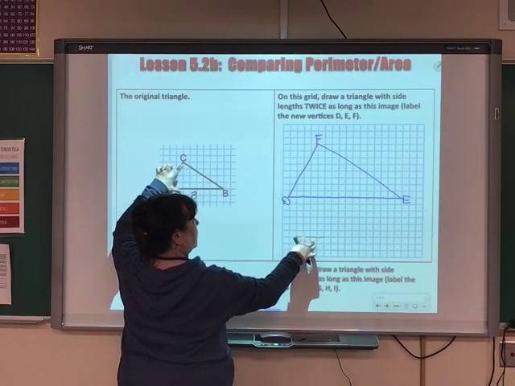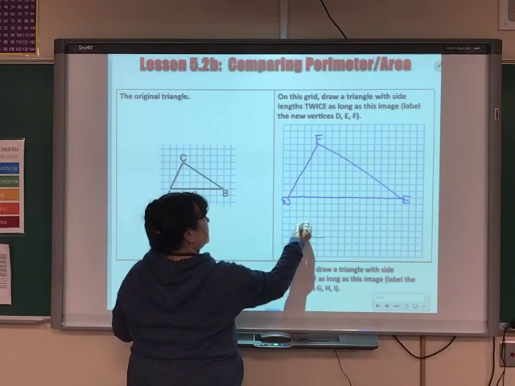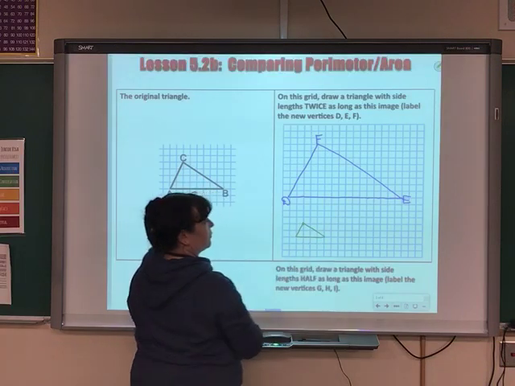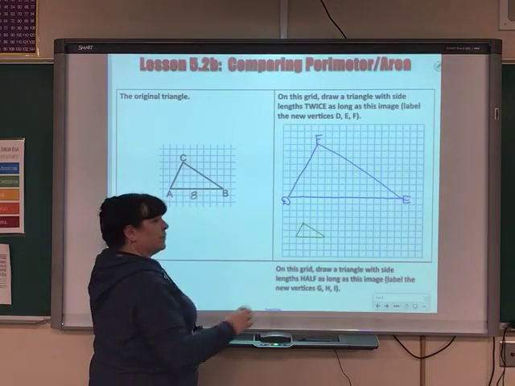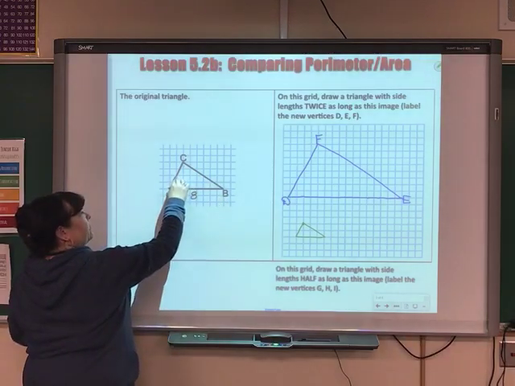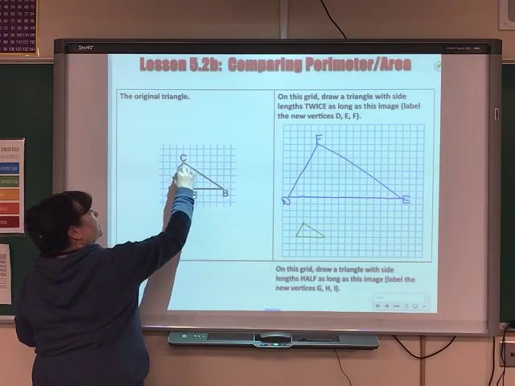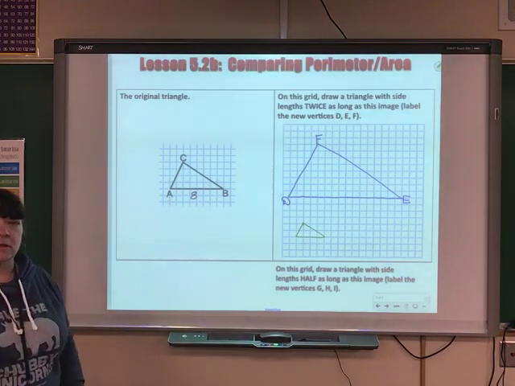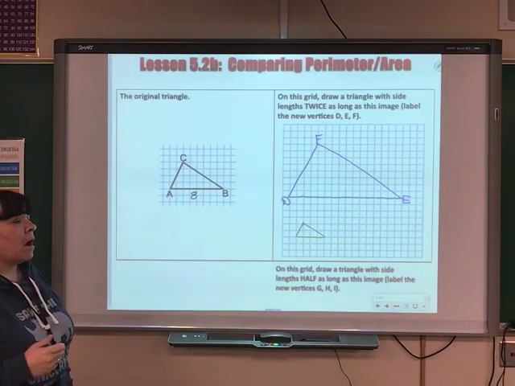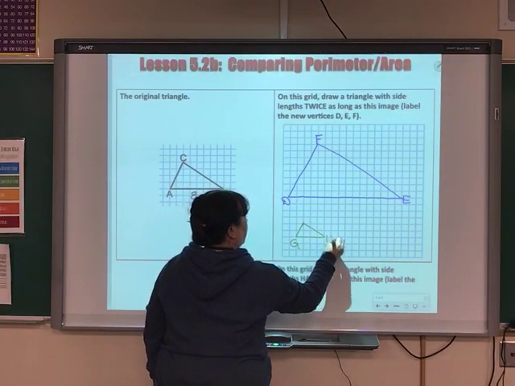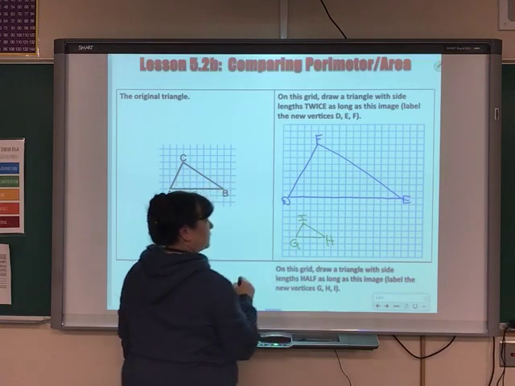This went up 4. I'm just going to go up 2 and bring that down, bring that over. If I did that perfectly, this side should be exactly half of that, and guess what? 2 of the smaller one fit there. It worked out perfectly. I'm now going to label that as G, H, and I.